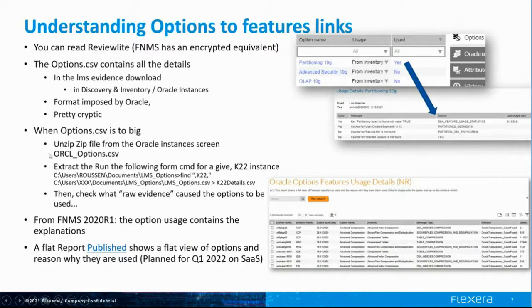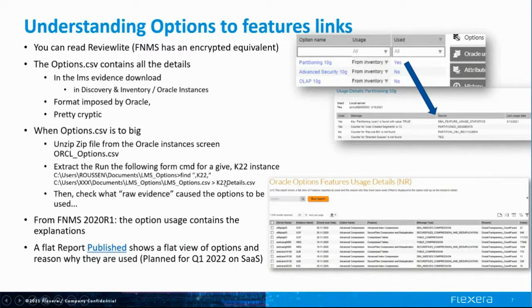I've given here, if you were to open this options.csv, if it was too big, which will happen quite fast, you can actually extract from the file using a command line, and you can push filtering on an instance name. And here, for instance, this was extracted from a 2 gigabyte flat CSV document, the maybe 3,000 lines for this K22 instance into this file.